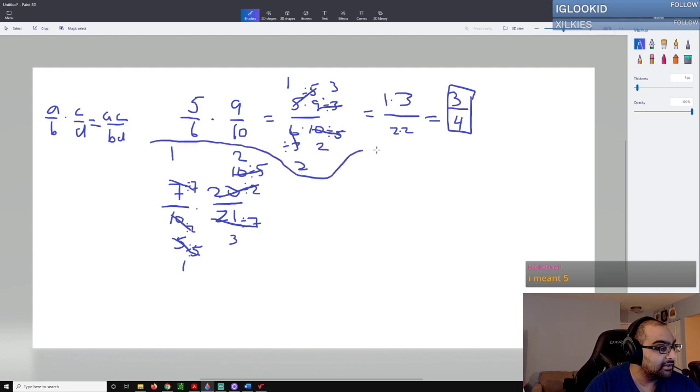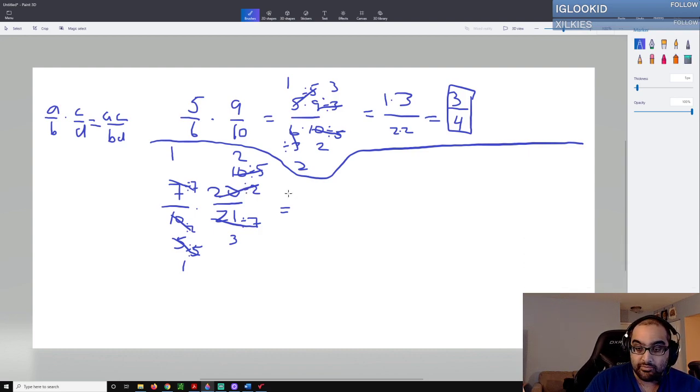There's no difference in how we approach that. So if you need to take 2 steps to reduce down, then take 2 steps. If it takes 1, it takes 1. All right. So here we get 1 times 2 over 1 times 3, and so here we get straight up 2/3.